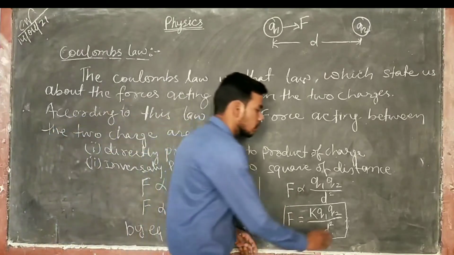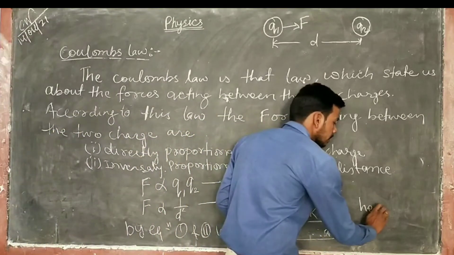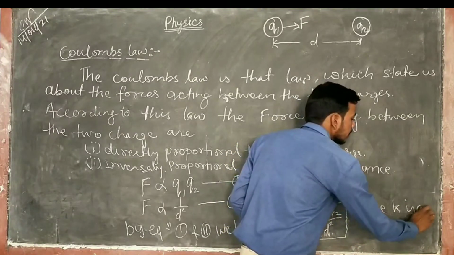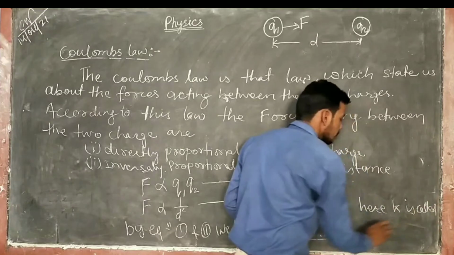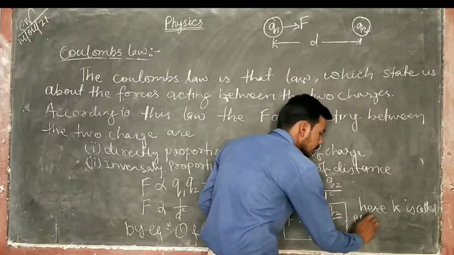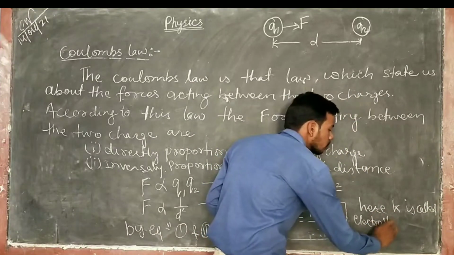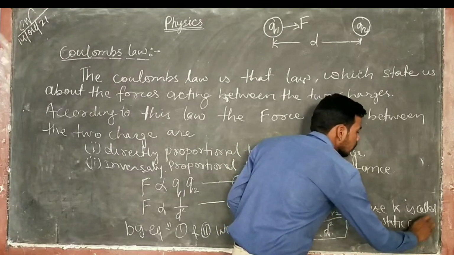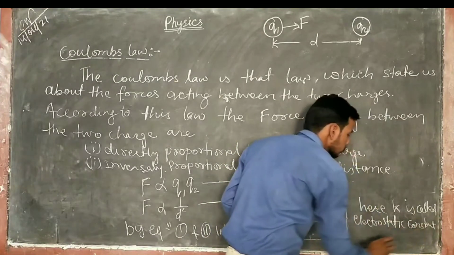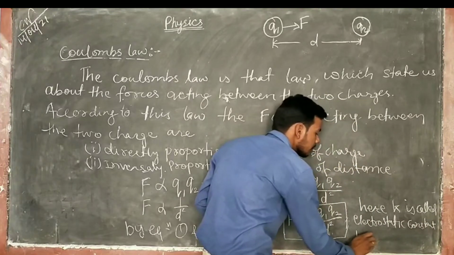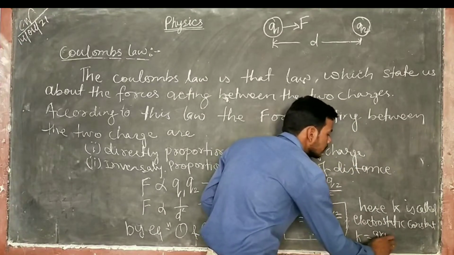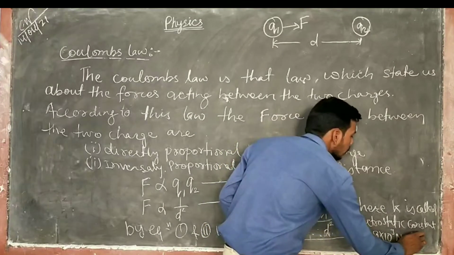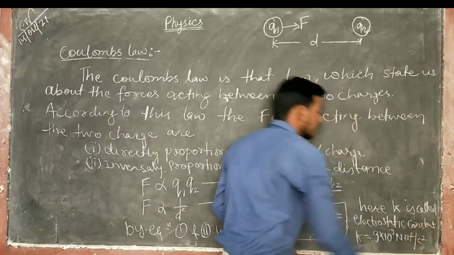Here K is called the electrostatic constant. K को यहाँ पे हम लोग एक नया नाम देते हैं, उसको क्या कहते हैं? इलेक्ट्रोस्टैटिक कांस्टेंट. K is called the electrostatic constant and its value is 9 into 10 to the power 9 Newton meter square per Coulomb square.